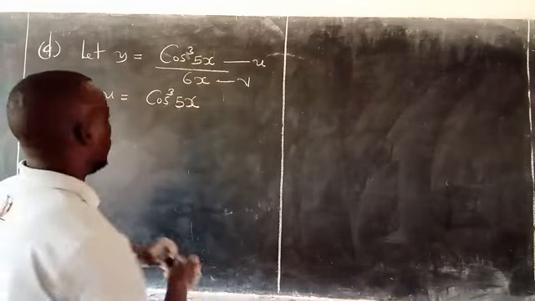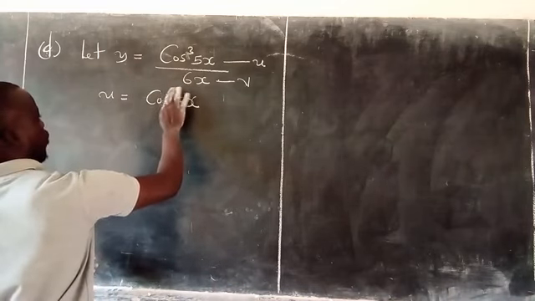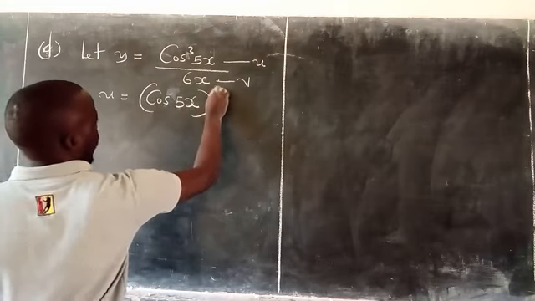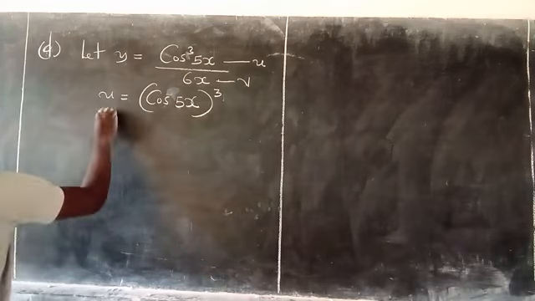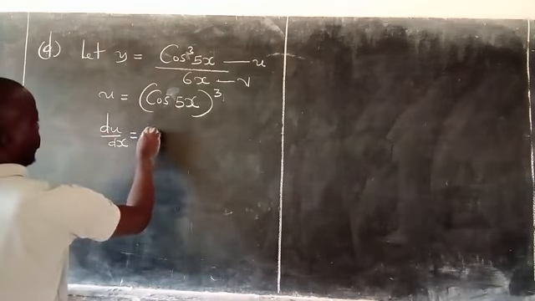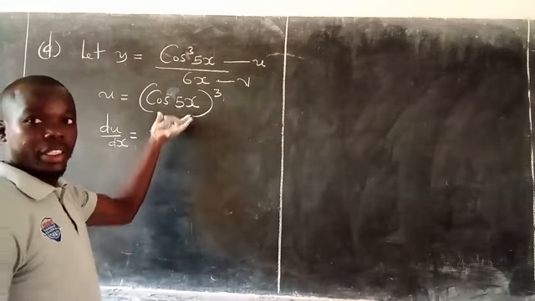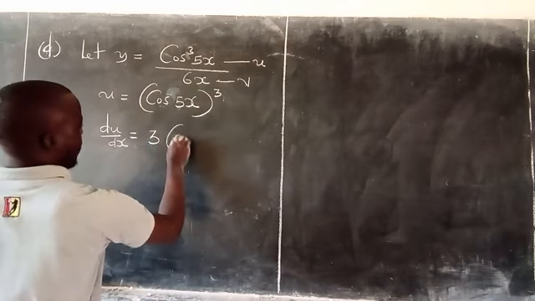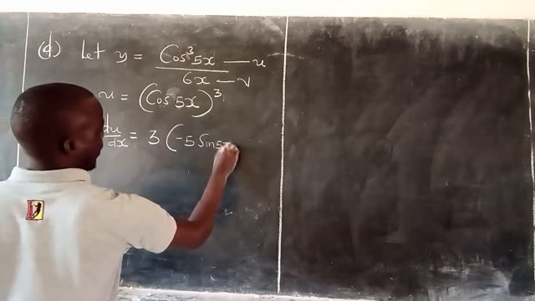In fact, it would be simpler for a student to have these all as power 3, which is very much okay. Then for du dx, you drop the power and differentiate the function within the bracket. So when I differentiate cos 5x, I'll get minus 5 sine 5x.